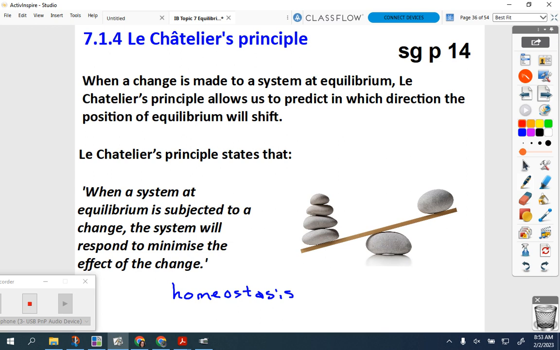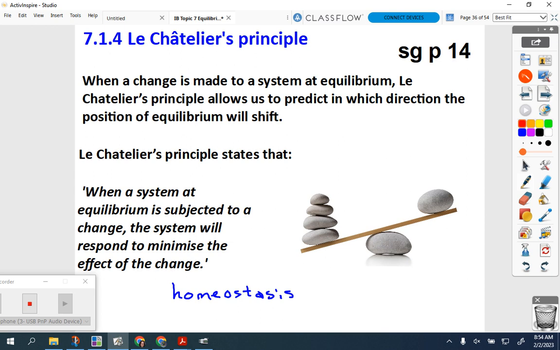And we can predict what direction that new equilibrium is going to take based on what change happened to the system. And so Le Chatelier's principle says that when we have a system in equilibrium subjected to a change, that system is going to respond to minimize the effect of the change.